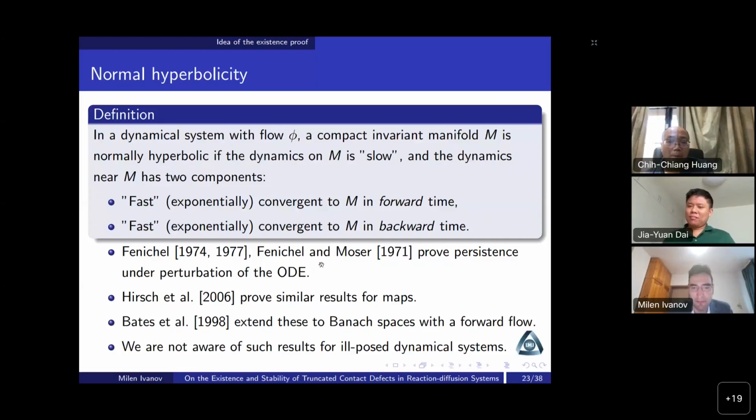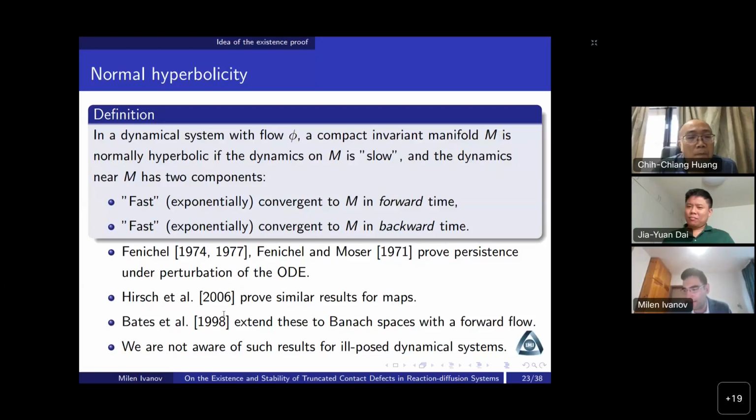So they're in a finite dimensional setting. Hirsch, Pugh, and Shub prove very similar results for maps. And Peter Bates extends these results to Banach spaces where there is a forward flow.